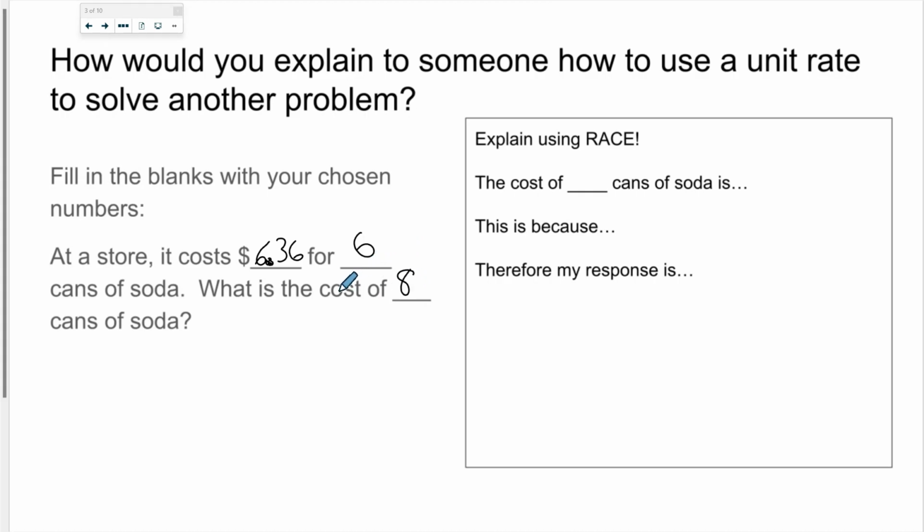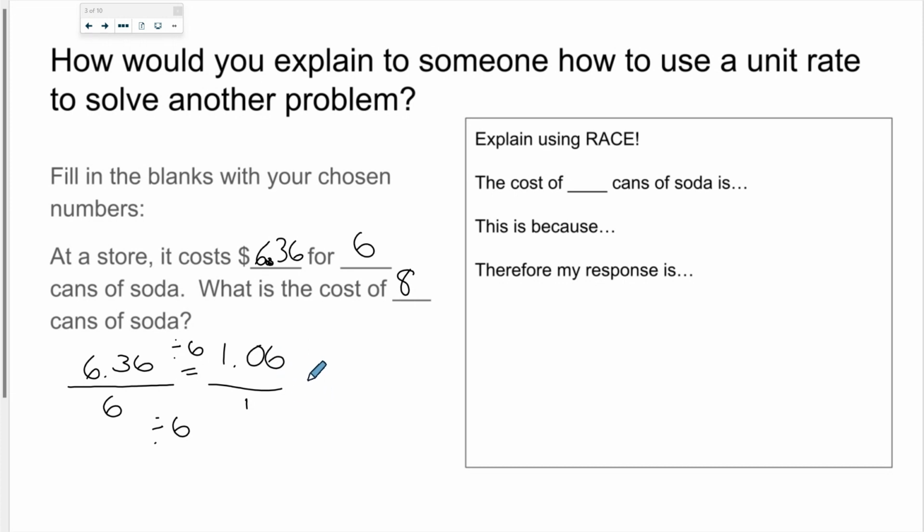All right, we know that we cannot directly go from 6 cans to 8 cans. So we need to stop in the middle. We know that $6.36 for 6 cans, if I divide that by 6 to get the cost of 1 can, is $1.06.